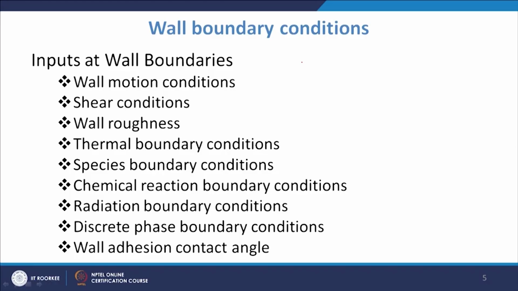No slip means the wall is having no movement, and also the fluid layer which is attached to the wall does not have movement. That way you apply these no slip types of conditions. We will talk about the different types of these wall boundary conditions, so we go further.